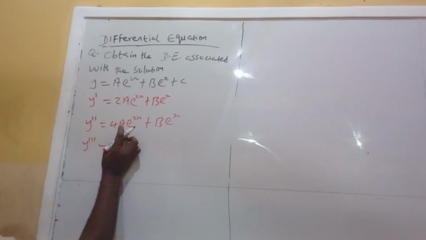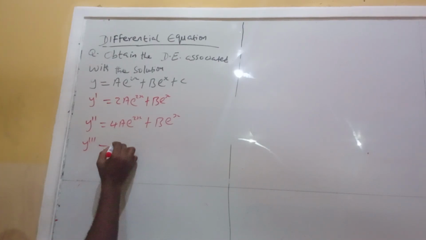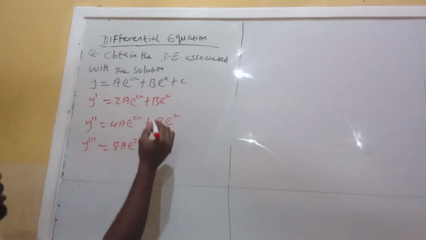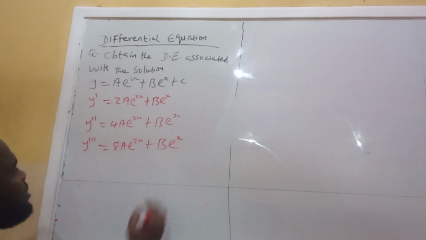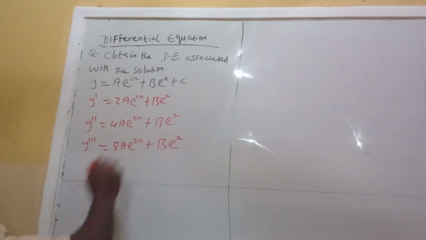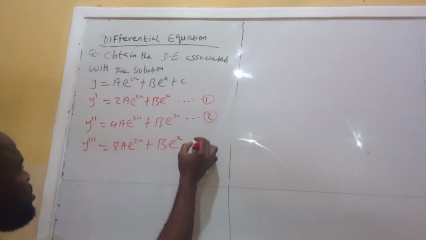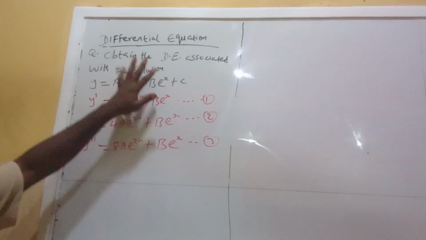So when we differentiate this one, 2x will give us 2. 2 multiplied by 4 is 8A exponential 2x plus, differentiate this, it is going to give us B exponential x. Now let us call this equation 1. Let us call this equation 2, and let us call this equation 3. Now, our aim is to eliminate all these arbitrary constants.